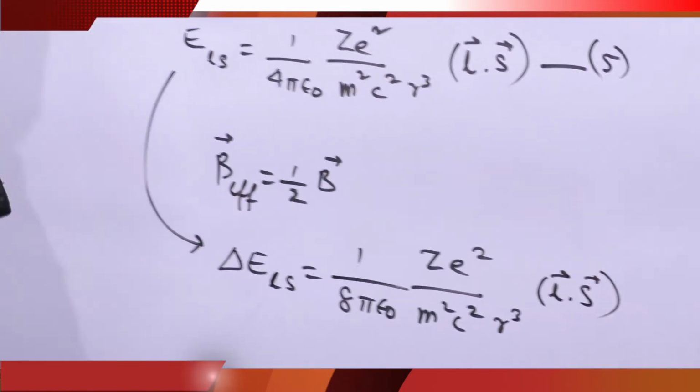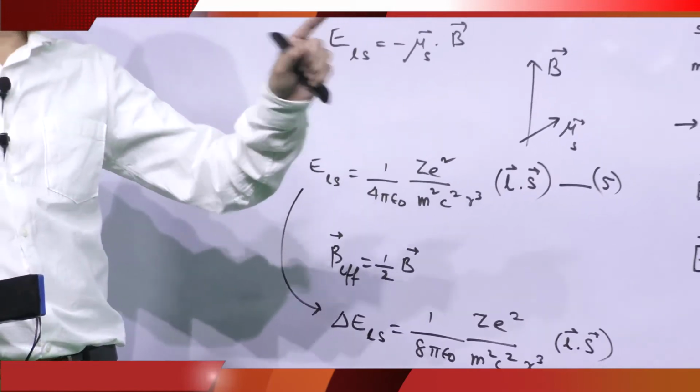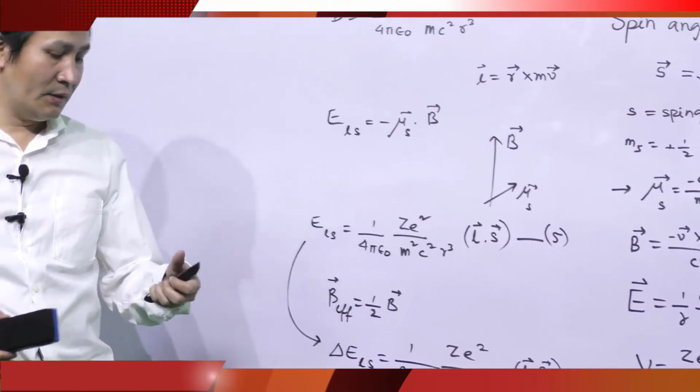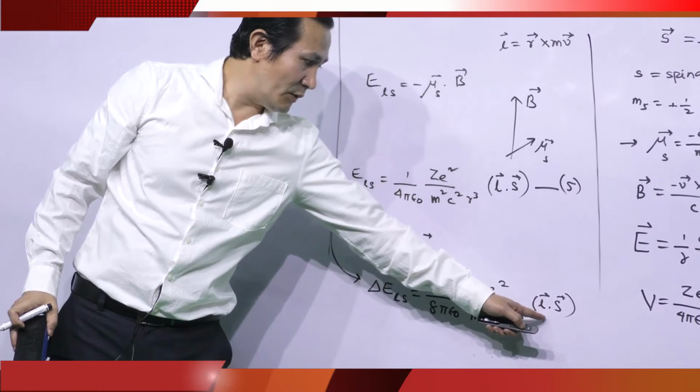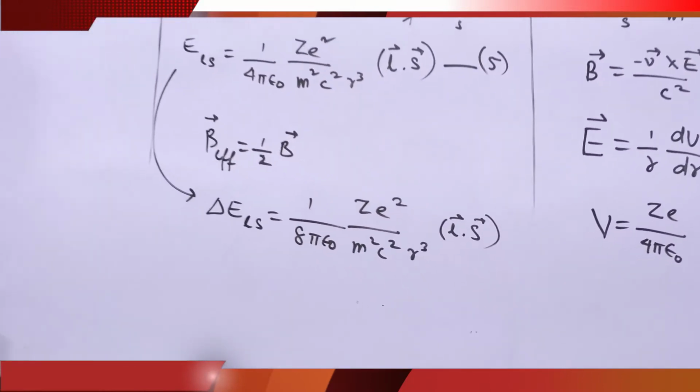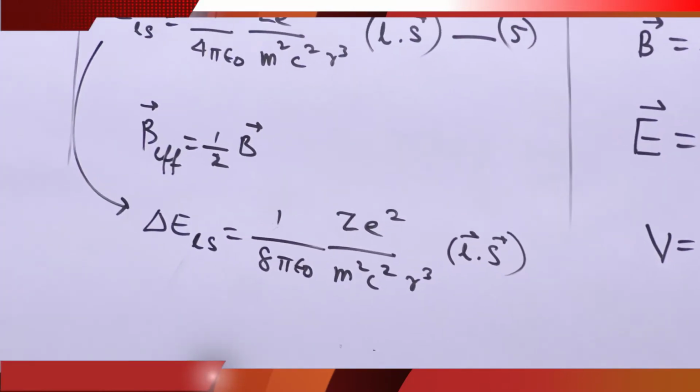So this is the thing that we get when relativistic effect is considered. Here, what is this value L dot S, it can be calculated like this.